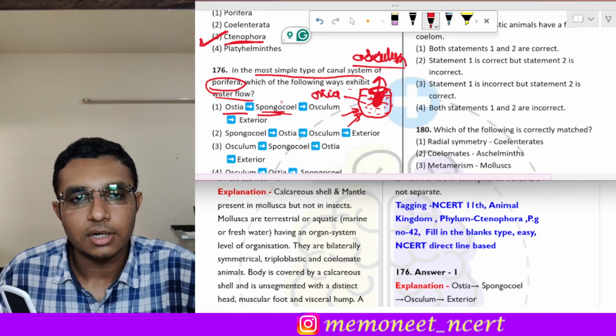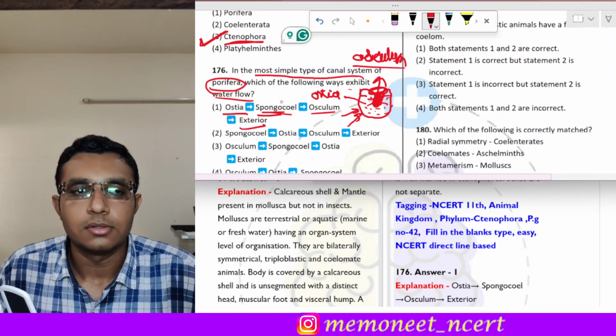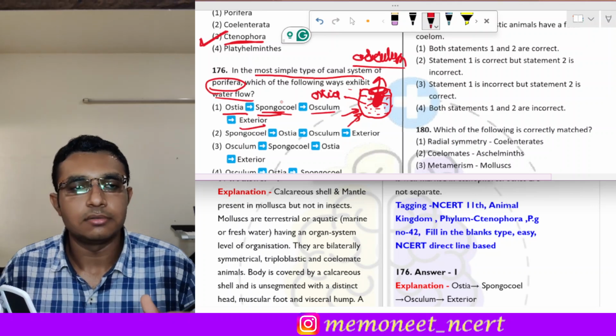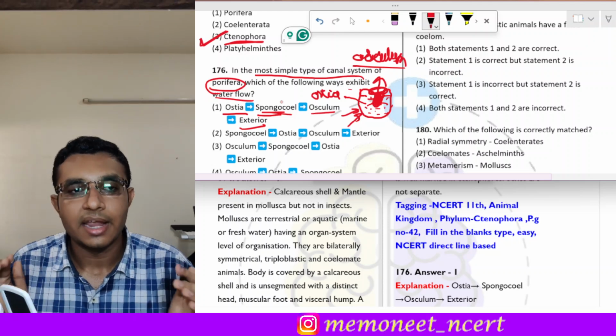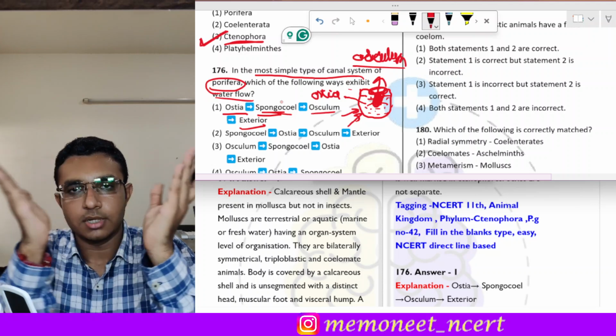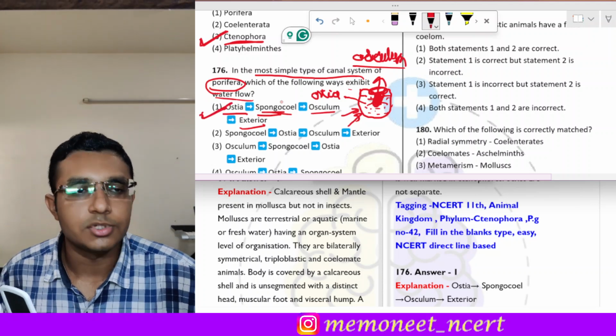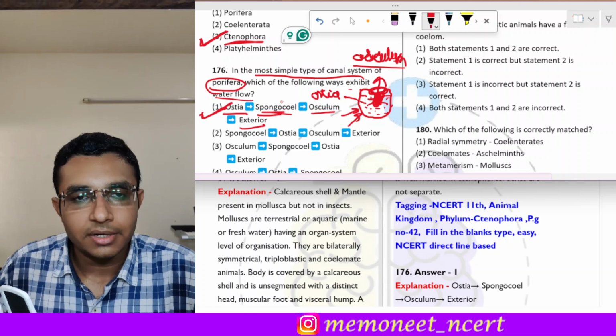So the water comes out through the osculum into the exterior. So this is the sequence which water follows: it enters through ostia into the spongocoel, and it comes out of the osculum to the exterior. So the correct answer of this question is option 1. I hope you are clear with this system.